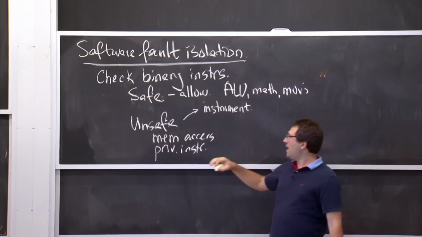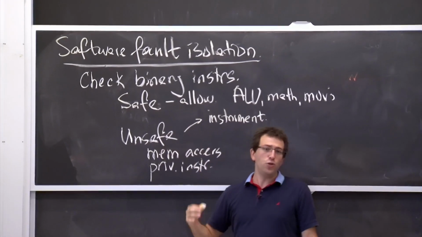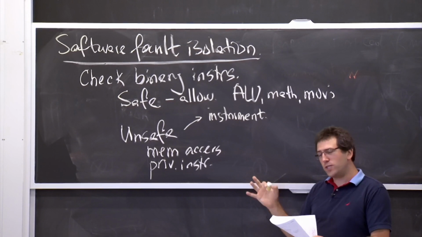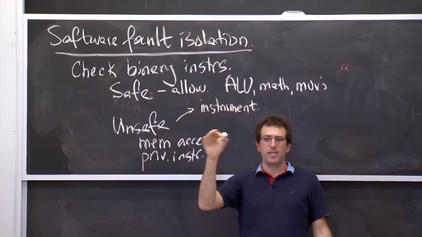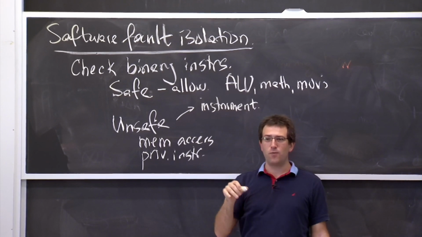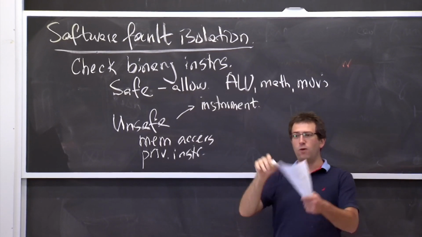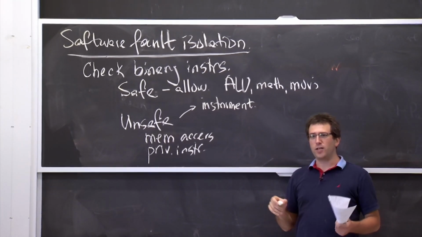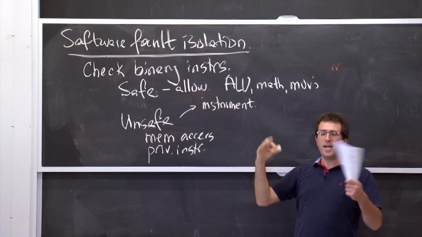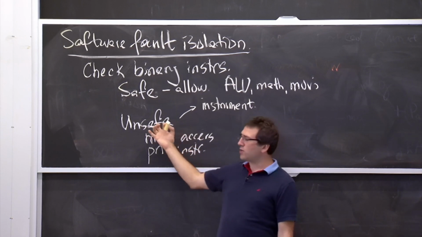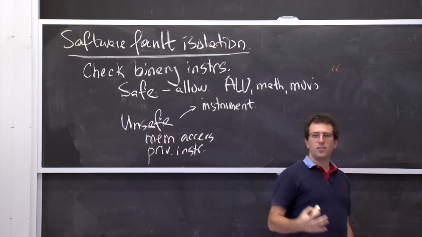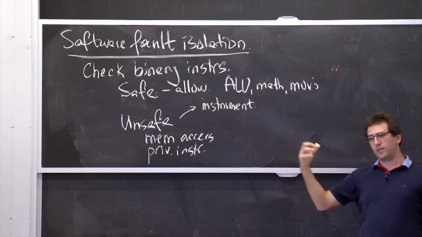So for example, if you're accessing a memory location, what you could do, turns out they don't do it for performance reasons, but one way to instrument a memory access would be to put some checks, like an if statement before the instruction, saying, well, is this address you're accessing in range of what's allowed for this module? And if so, do the access, otherwise exit. So that would instrument an instruction, and that would turn an unsafe instruction into one that's always safe to execute because there's always that check in front of it.